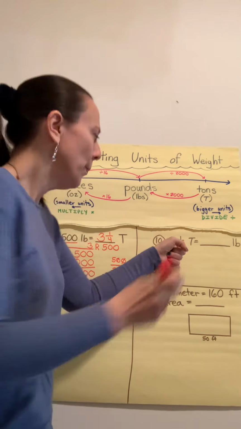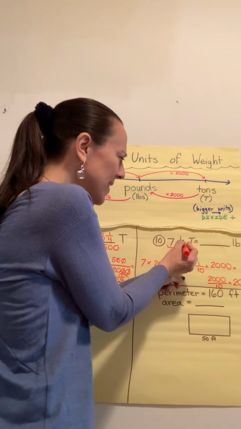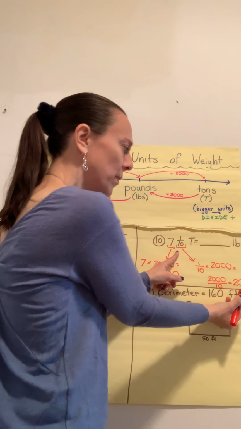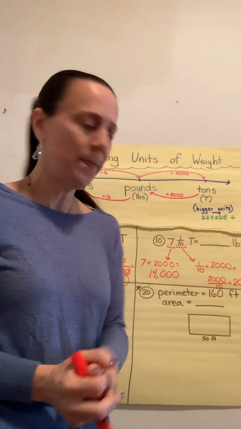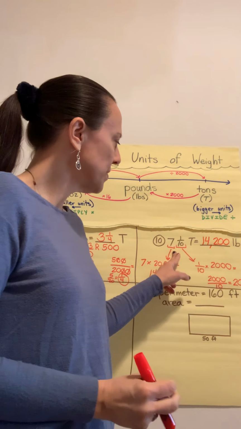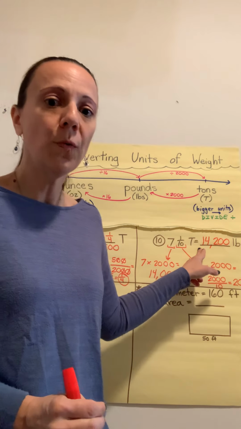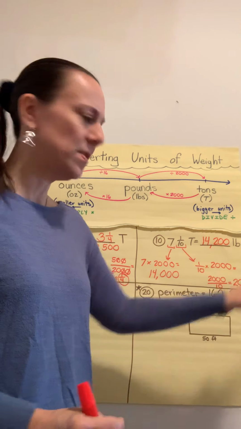So 2,000 divided by 10, taking off that extra 0, is 200. So 7 tons is equivalent to 14,000 pounds, and this extra 1/10 of a ton is equivalent to an extra 200 pounds. 14,000 plus 200, that means my final answer is 14,200 pounds. So 7 1/10 tons is equivalent to 14,200 pounds.